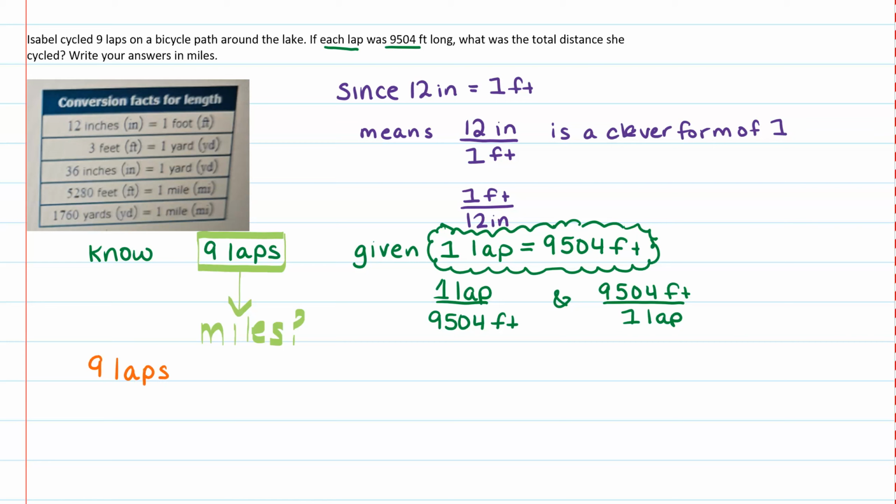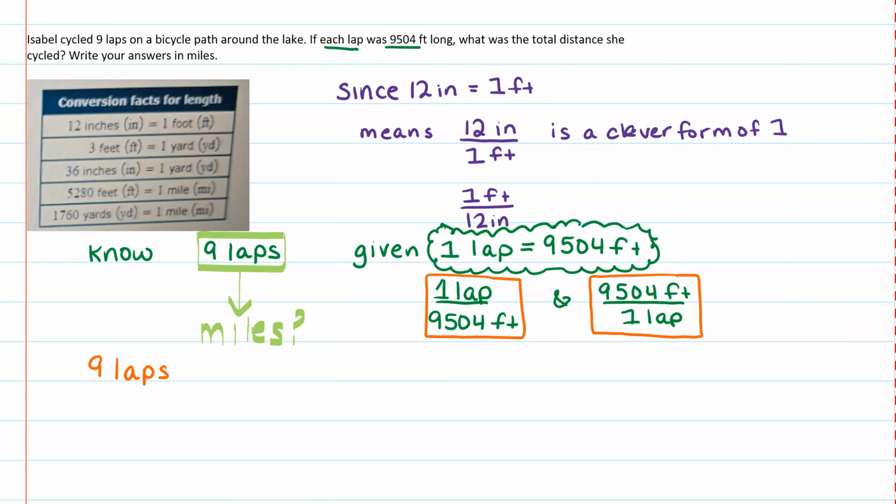And now we need to decide which one of these conversion facts we're going to use: 1 lap over 9,504 feet, or the fact 9,504 feet divided by 1 lap. The trick is that you want to cancel out your units.